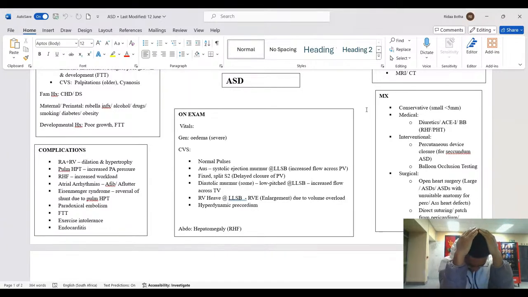During S1, the pulmonary valves open, and then during S2 the pulmonary valve needs to close. But because of the delayed closure, because so much pressure is built up in the right ventricle, the delayed closure causes a fixed split S2 sound.